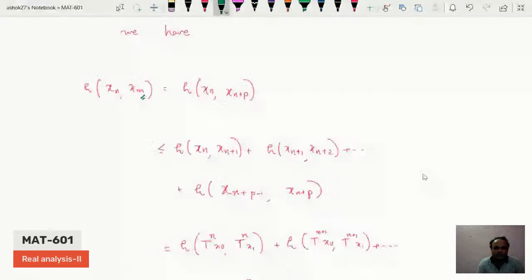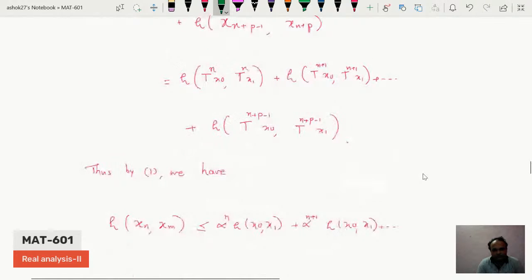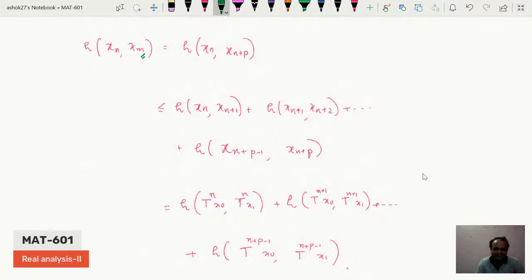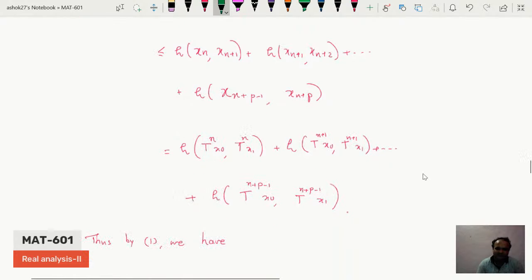Here we use the triangle inequality, so it is less than or equal to rho of xn and x_{n+1}, and we add the p points x_{n+1}, x_{n+2}, up to x_{n+p-1} between xn and x_{n+p}. So we get rho of xn and x_{n+1}, which is rho of T^n x0 and T^n x1, and likewise x_{n+1} and x_{n+2}, and similarly x_{n+p-1} and x_{n+p}. So we get this inequality.